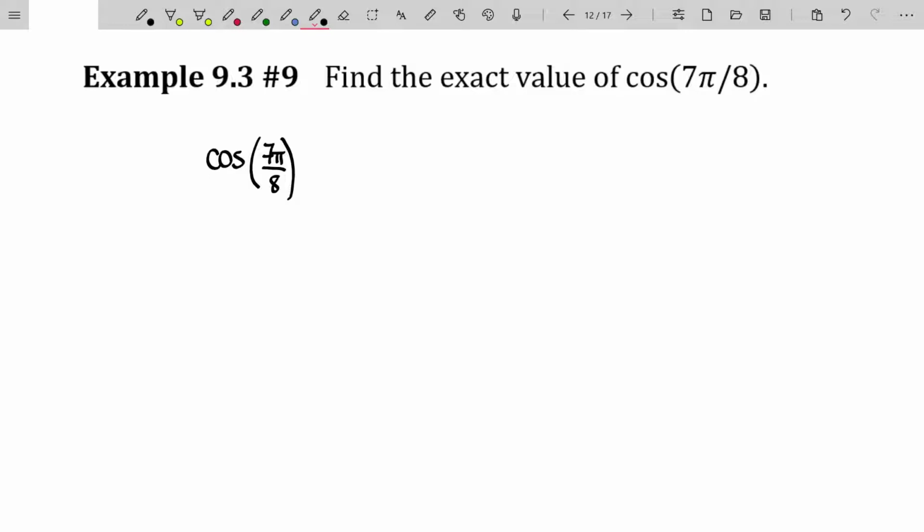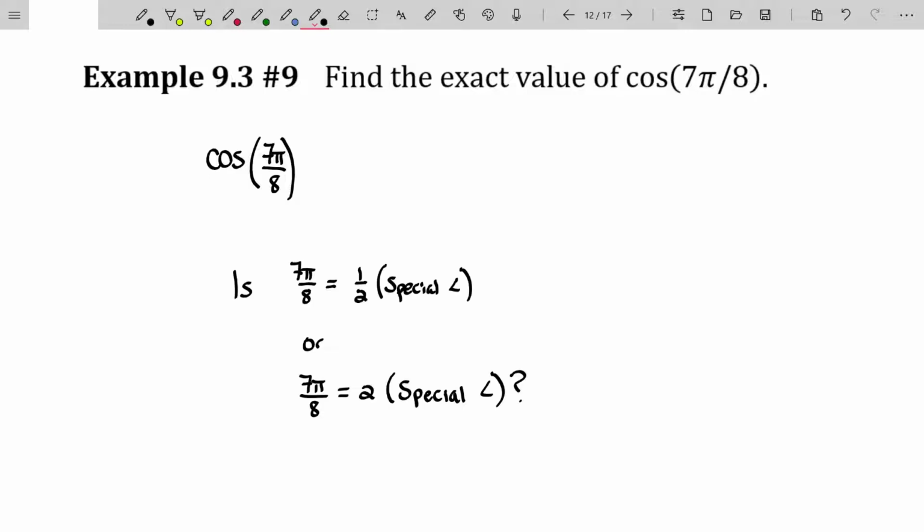So what do we do? Well, you should ask yourself, is that half of an angle or twice an angle that you know? So that's what I wrote here. Is 7 pi over 8 half of some special angle or twice a special angle?